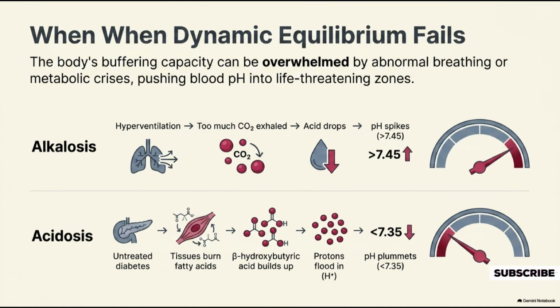In untreated diabetes mellitus, the lack of insulin forces the body tissues to use stored fatty acids as their primary fuel. This metabolic shift results in the rapid accumulation of a high concentration of carboxylic acids, beta-hydroxybutyric acid and acetoacetic acid.